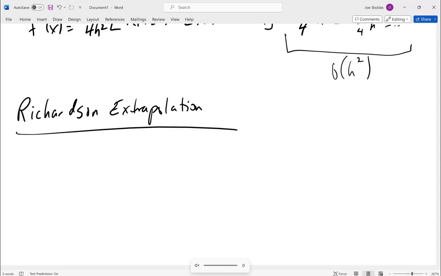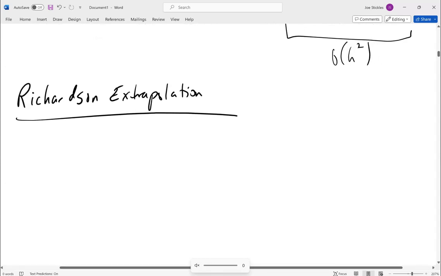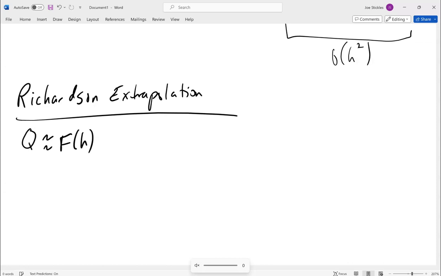All right. So let's say that we've got some quantity, and since I'm talking about some quantity, I'll denote it by Q. Whatever that quantity happens to be, let's suppose that we have this approximated by some function of our h.